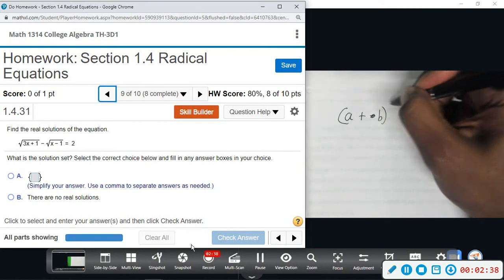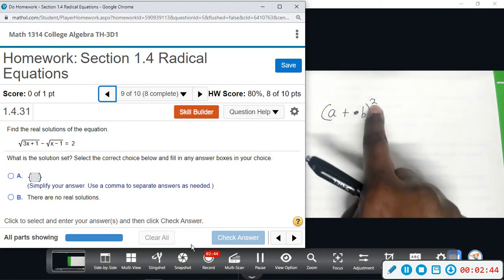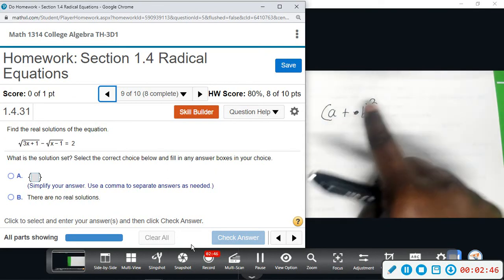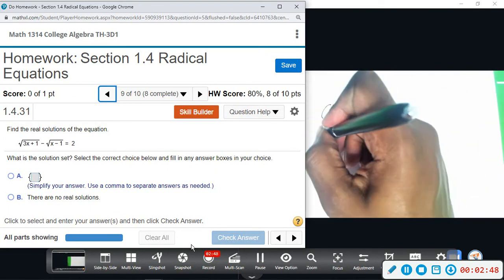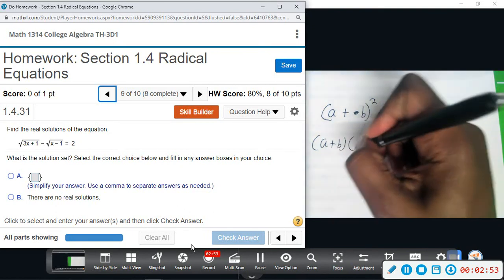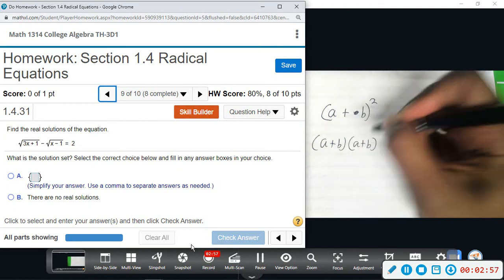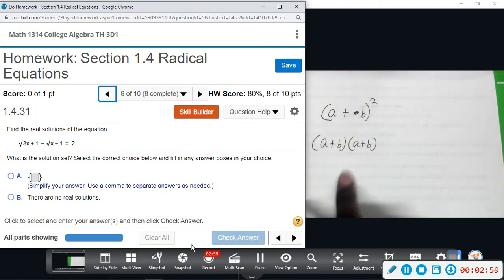I'll do them separately. This is the way that this works. So any time you have 2 terms, raising it to second power, here's what's going on, and I'll show you with the FOIL method as well. You're really rewriting it and then distributing and foiling.